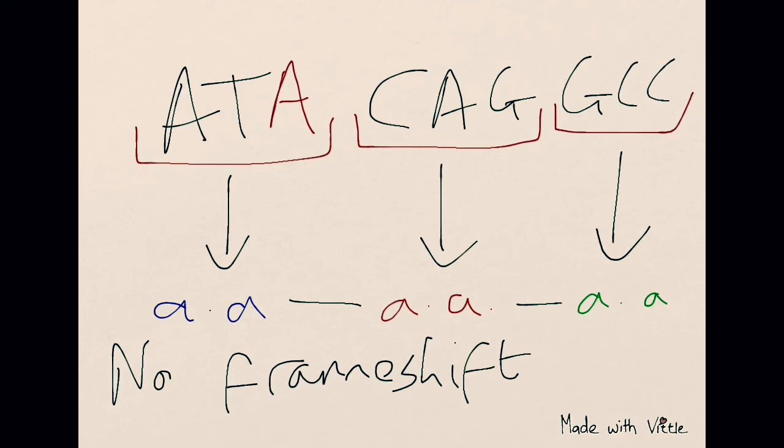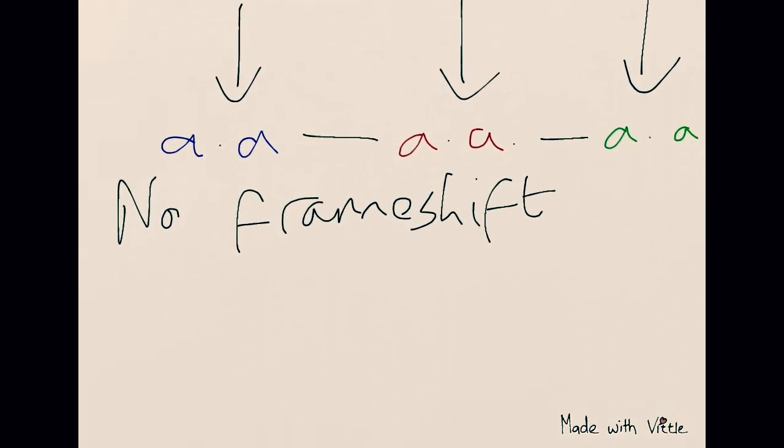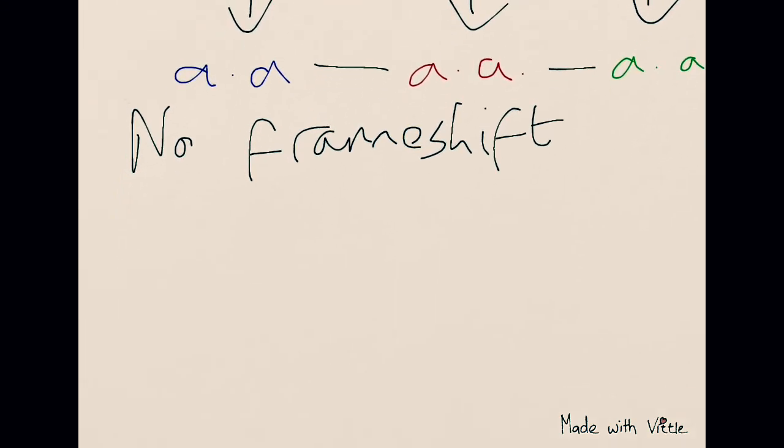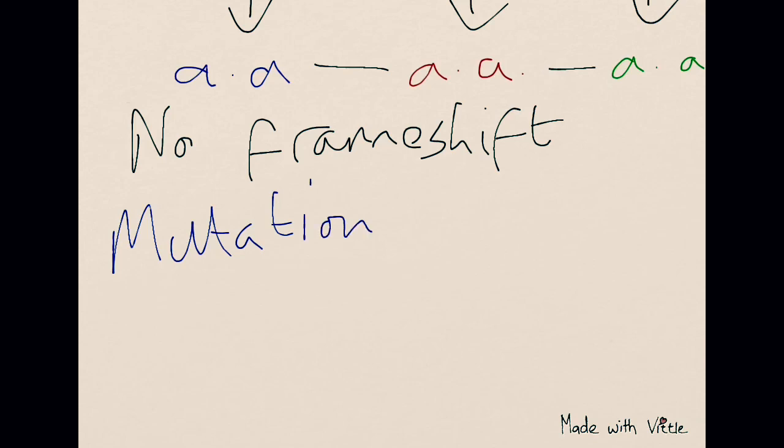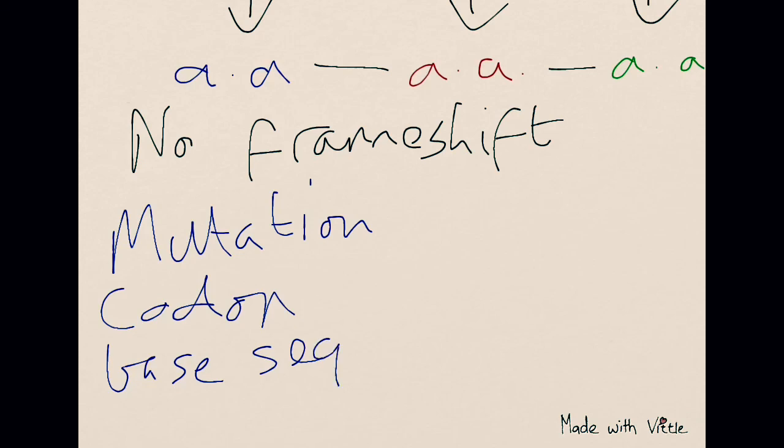Okay, so let's just quickly summarize the vocabulary that I think you should take away from today's video. So we'll put it in blue. Here we go. We should have mutation. We should have codon. All of these terms, you need to know them inside out. Base sequence. What else? Amino acid.